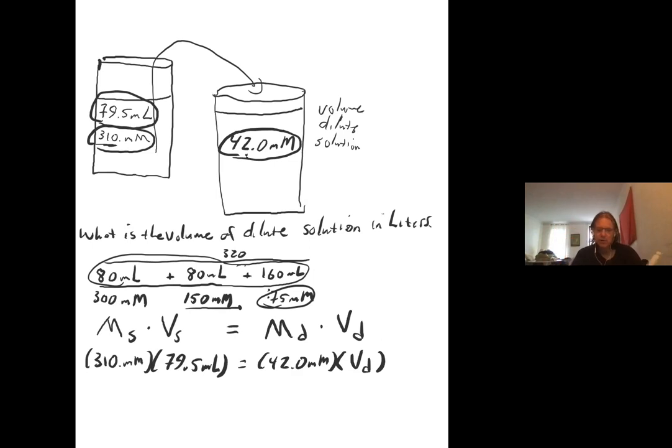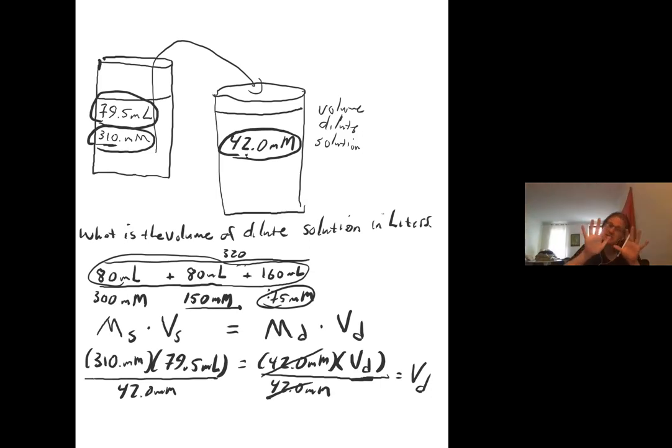So if we want to find V, all we have to do is divide both sides by 42 millimolar, right? If I divide this side by 42 and I divide this side by 42, now the 42s cancel and you've got the volume of the dilute solution over here on the right, okay? And then you say, well, okay, let's do the dimensional analysis.